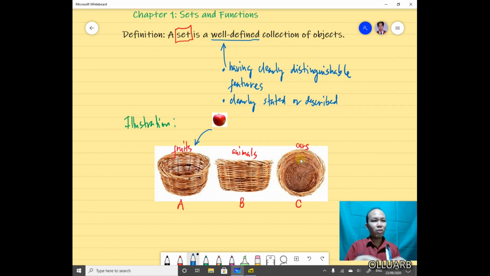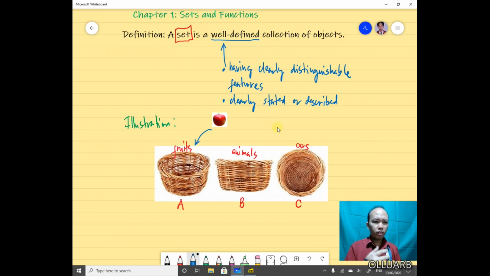So meaning to say, if you have an object, then you can clearly identify where to put that object in a certain basket. So that's the meaning of a set.